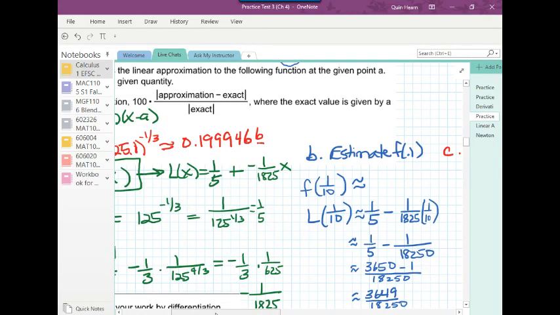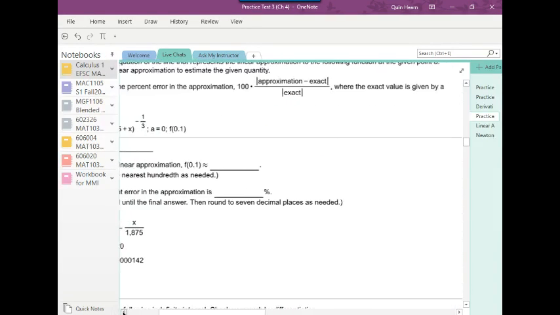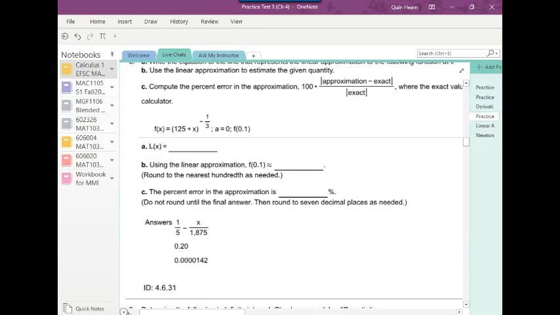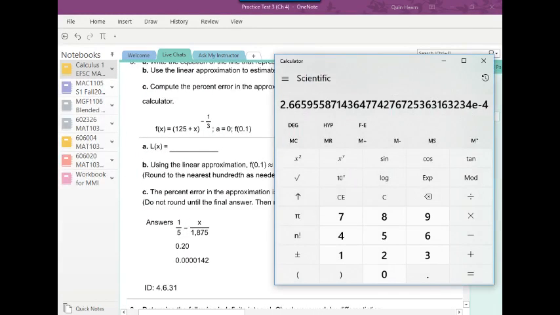And so the number they're looking for for part C is 100 times approximation minus exact. So for part C, that value that we just found is our exact value.